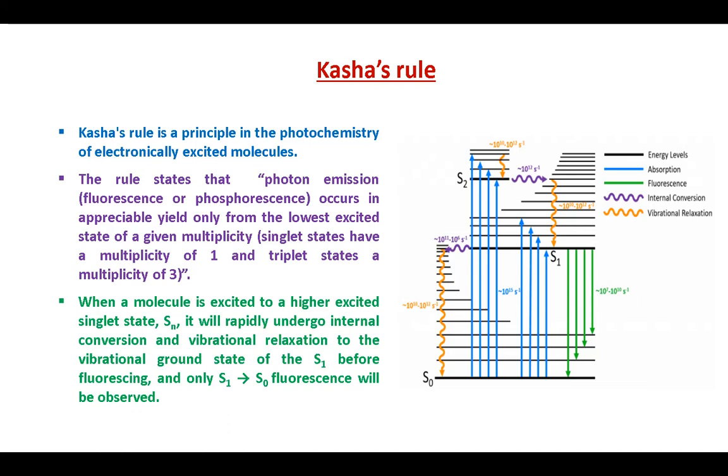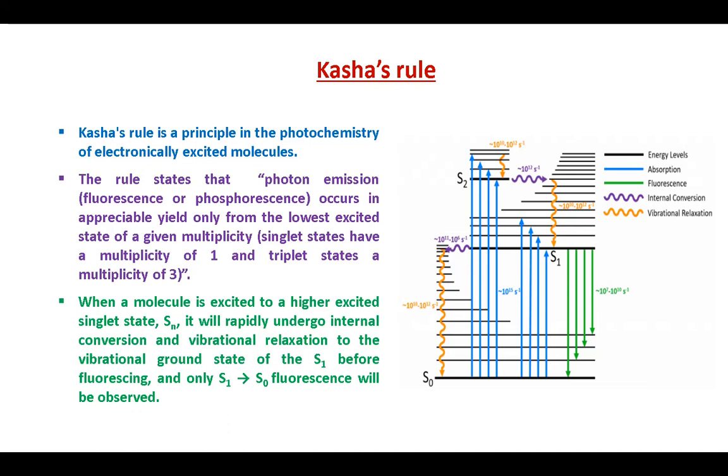Fluorescence will always originate from the vibrational ground state of the lowest excited singlet level, S1, while phosphorescence will originate from the vibrational ground state of the lowest excited triplet level, T1.